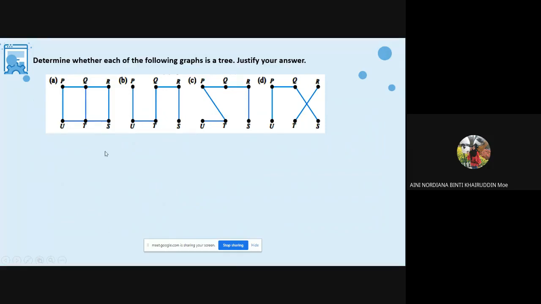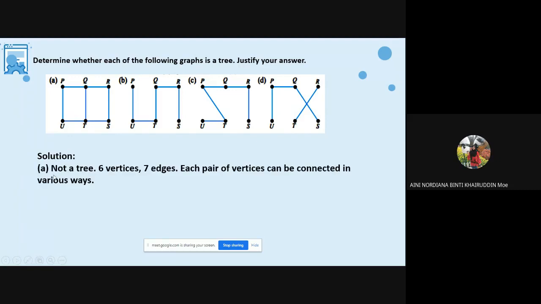Tak boleh kan? So A ni not a tree. Sebab dia ada 6 vertices, 7 edges. Lepas tu macam tadi you all cakap lah. Dia semua bersambung kan. Each pair of vertices can be connected in various way. Maksudnya kalau you nak pergi Q, boleh P to Q atau P to U to T to Q. Ada banyak cara, tak boleh. Dia mesti satu je. So A not a tree.